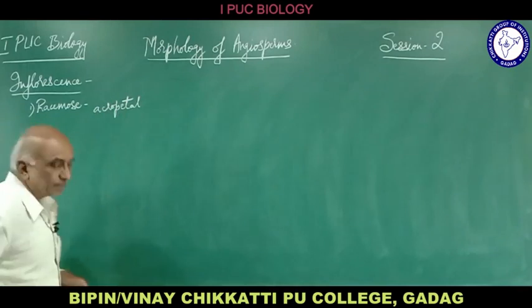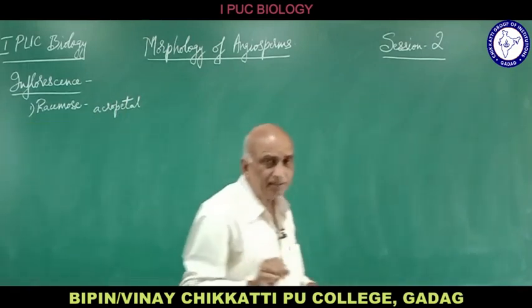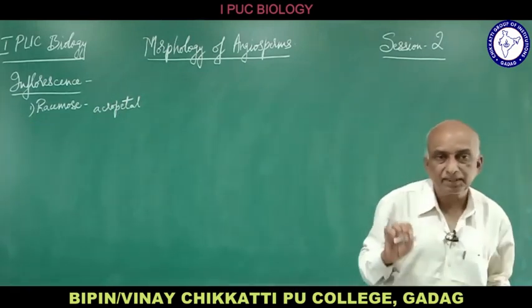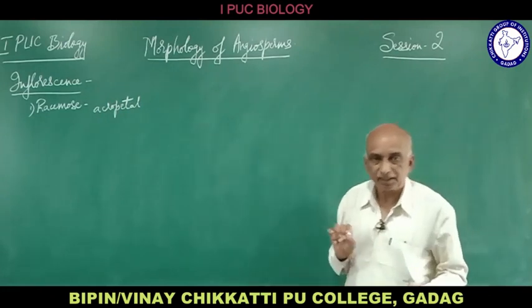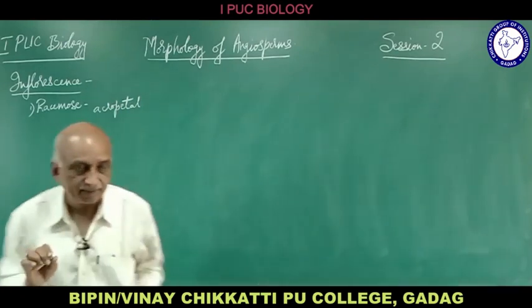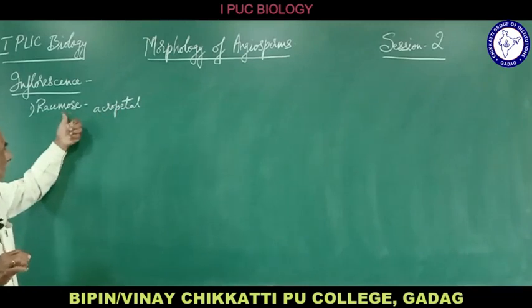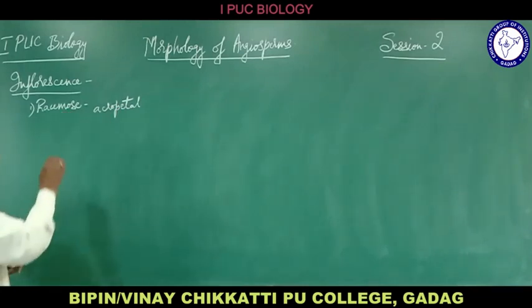Acropetal succession means the arrangement of flowers with the younger flowers at the tip and the older flowers at the base of the floral axis. So in racemose we come across such an arrangement.